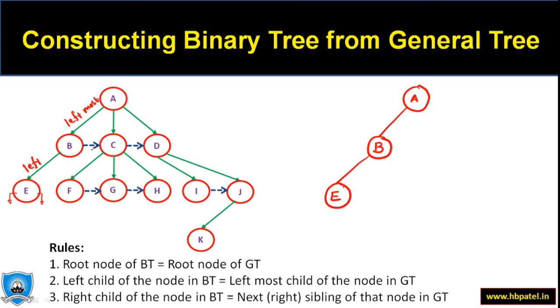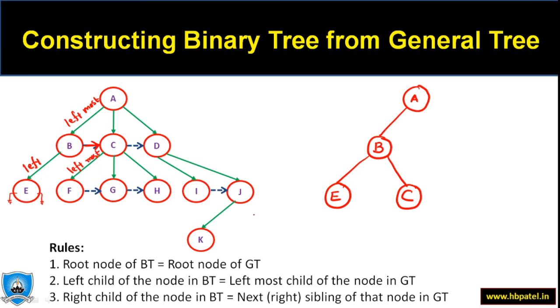What about the right child of B? We know the next right sibling of B becomes the right child of B, and over here it is C. So C becomes the right child of B. Now C has 3 children, F, G, H. Which is the leftmost child?